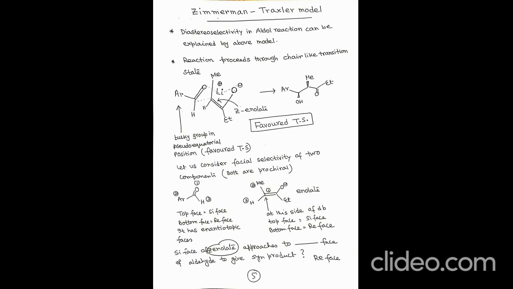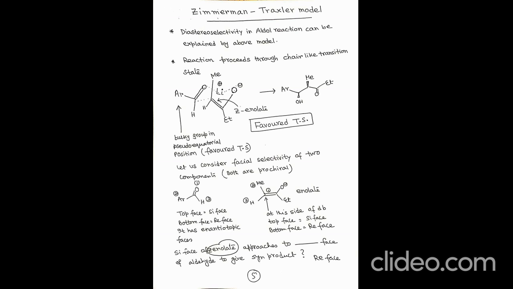Now coming to the explanation of this diastereoselectivity in the aldol reaction, meaning why from the cis or Z enolate we get syn as a major product, and why from the E or trans enolate the anti product predominates over syn.